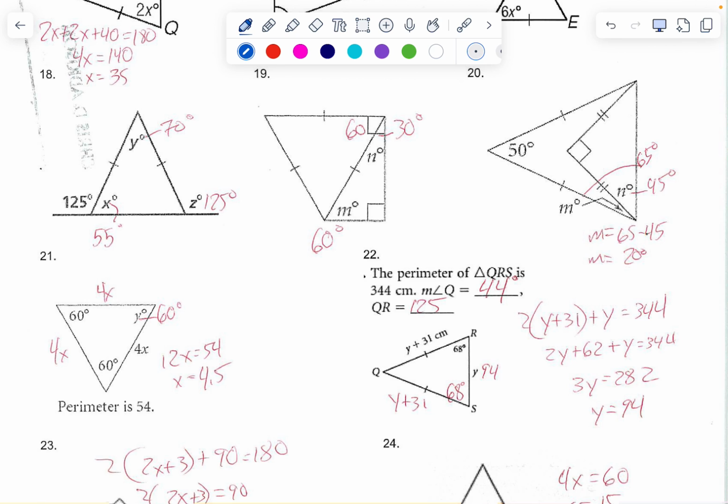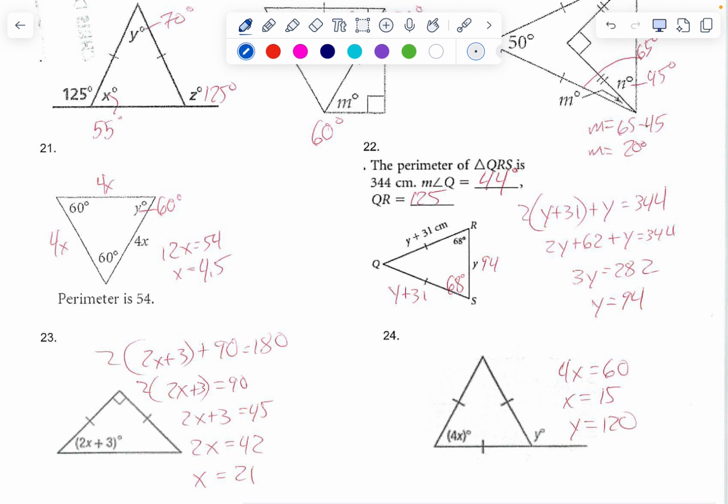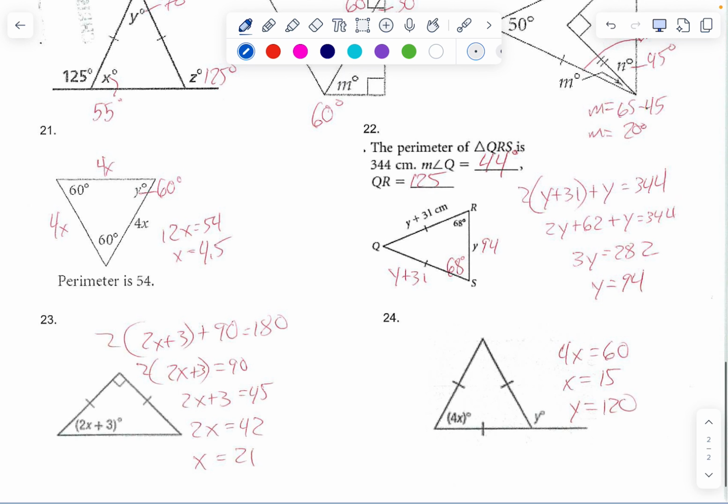M is 65. 21, x is 4.5. 22, q is 44, and qr is 125, and y in that one is 94. 23, x is 21. 24, y is 120.